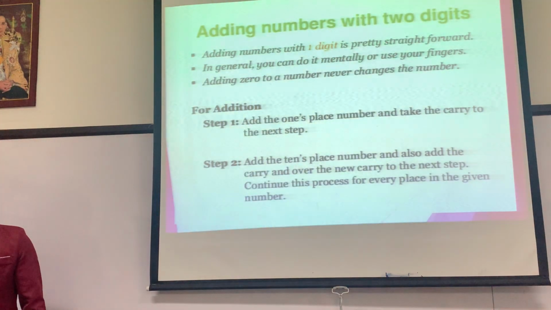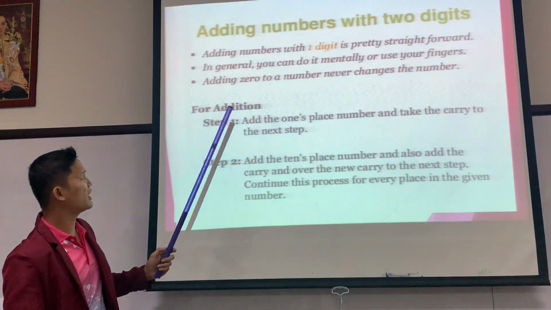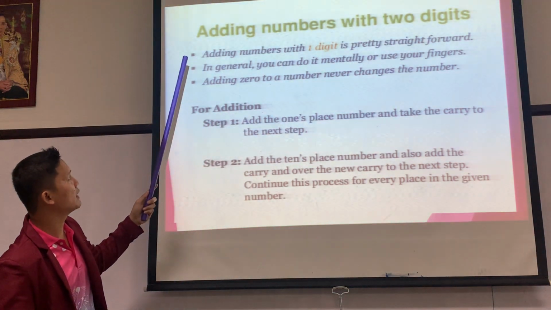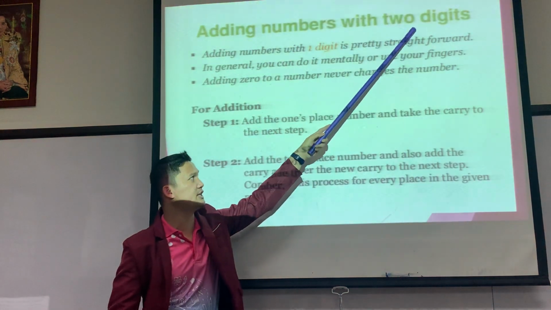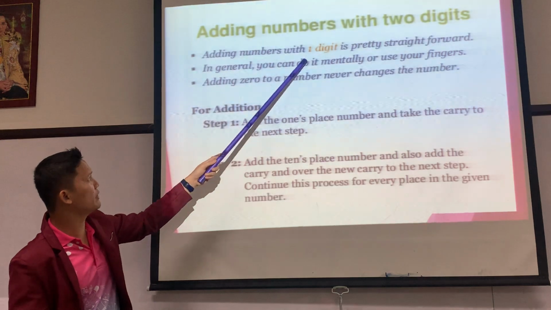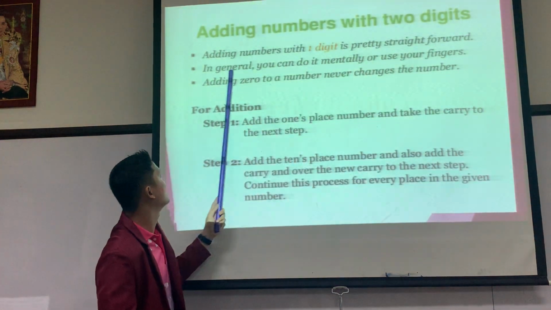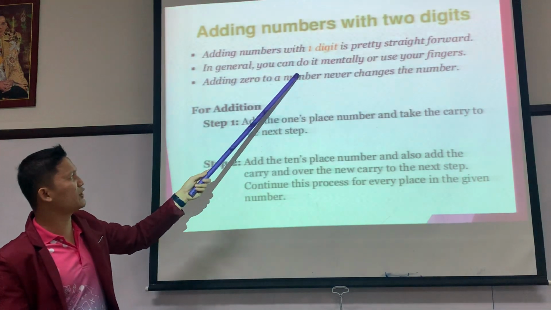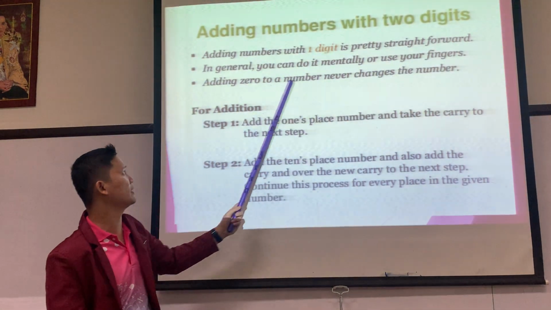Before we go to another slide, I'm going to read this. Adding numbers with 2 digits. Adding numbers with 1 digit is pretty straightforward. In general, you can do it mentally or use your fingers.